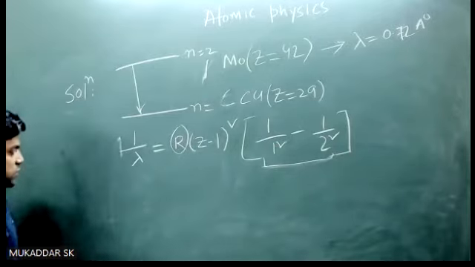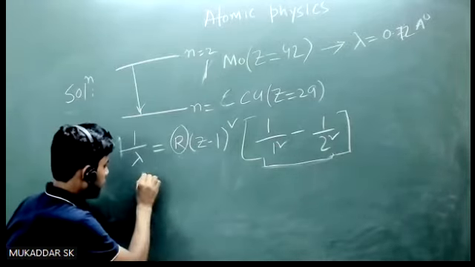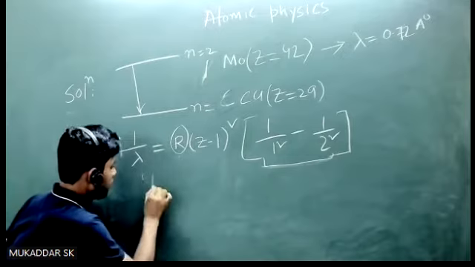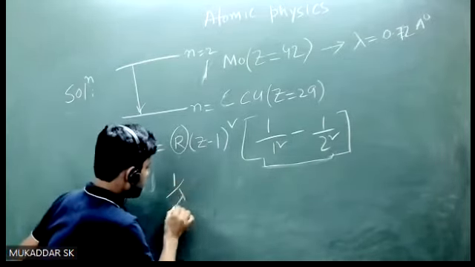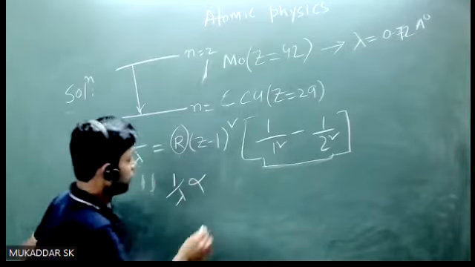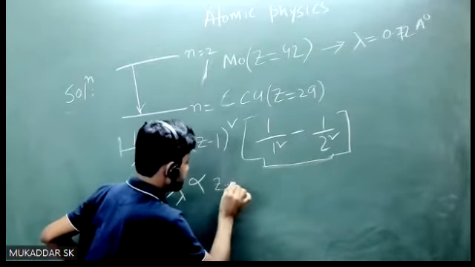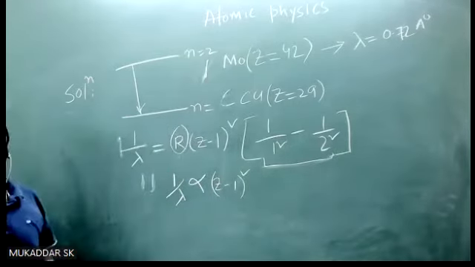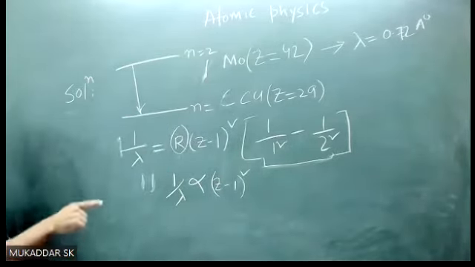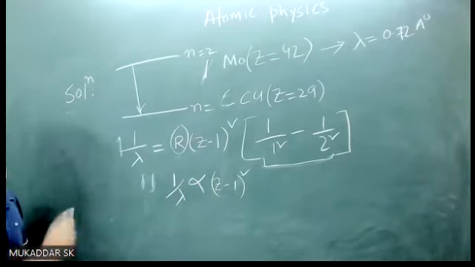So you can reduce this formula for K alpha: 1 by lambda is proportional to (Z minus 1) whole square.